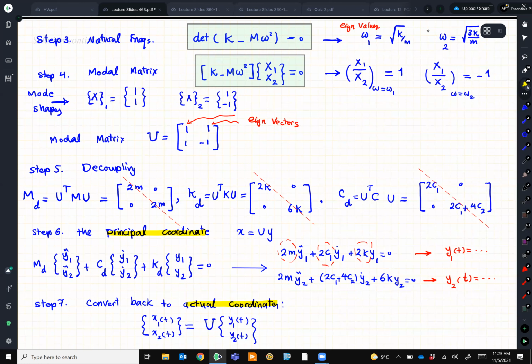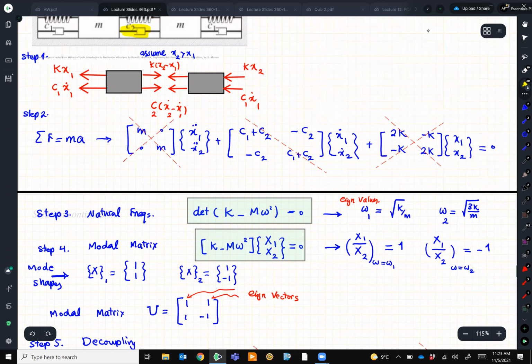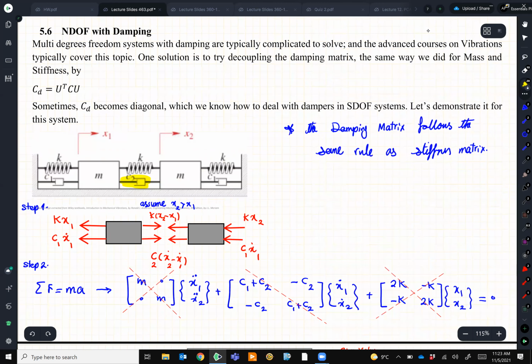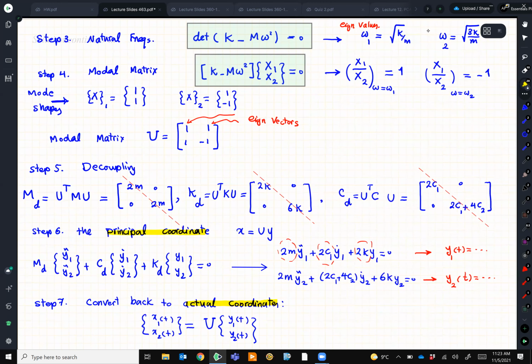In our original schematic, x1 and x2 have meaning. We can see them, we can measure them. But remember, y1 and y2 don't have any physical meaning. They are just principal coordinates. They help us to solve the equations, but we need to convert them back. So these are all math and no physical meaning.